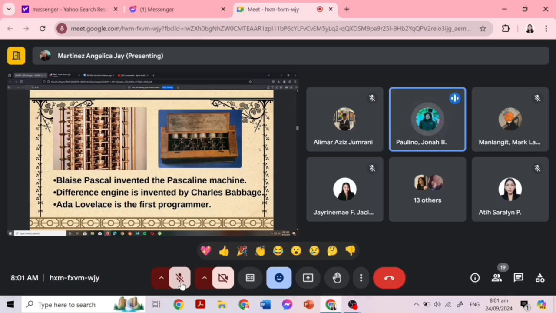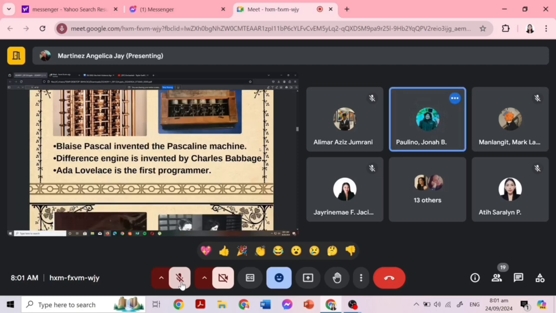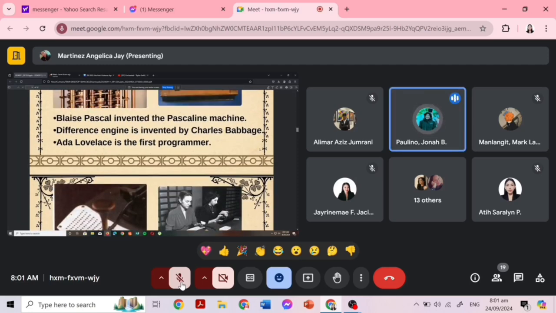So, next one is Ada Lovelace, the first programmer. Ada Lovelace was an English mathematician and an associate of Charles Babbage, for whose prototype of a digital computer she created a program.